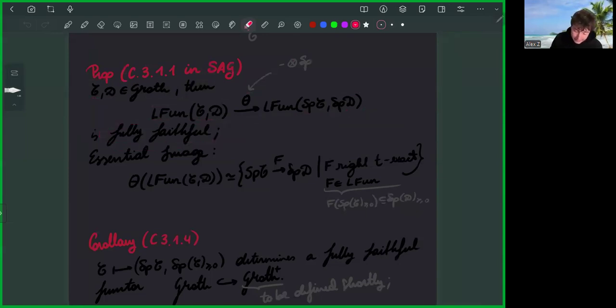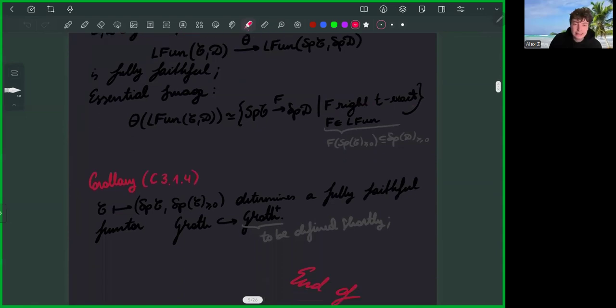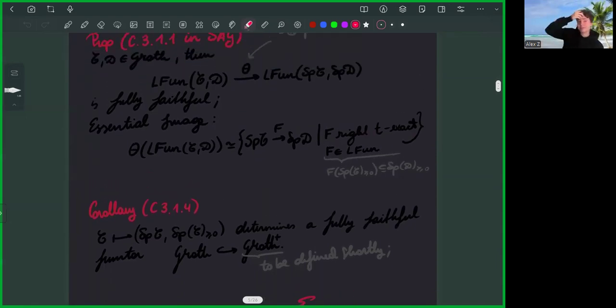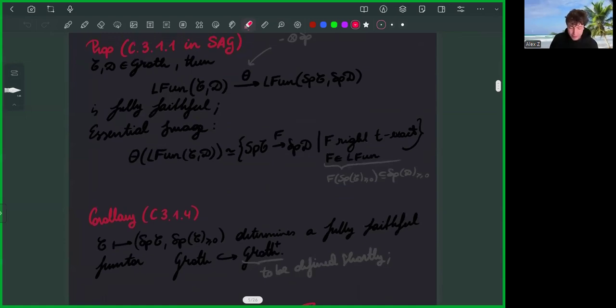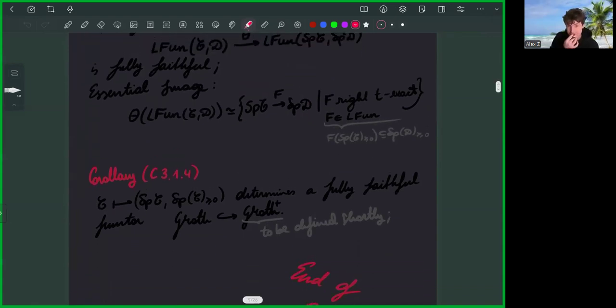The essential image of this functor is precisely those cocontinuous functors from Sp(C) to Sp(D) such that F is right t-exact. Okay. From here, what we see is that Grothendieck pre-stable categories and their morphisms encode right complete t-structures on these things, and then right t-exact morphisms. Okay, so that's the takeaway for now.